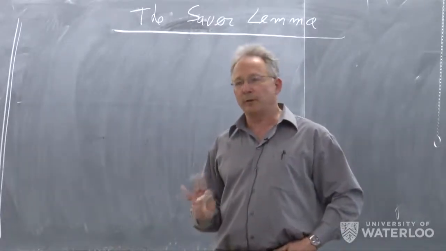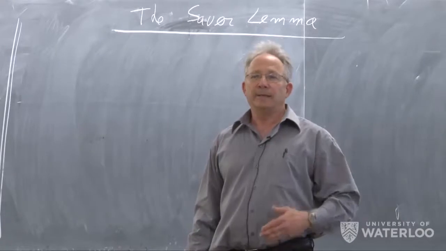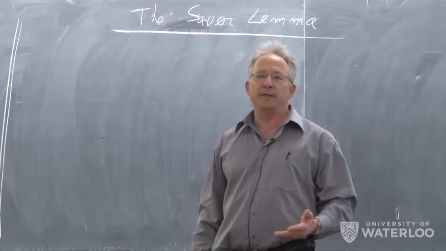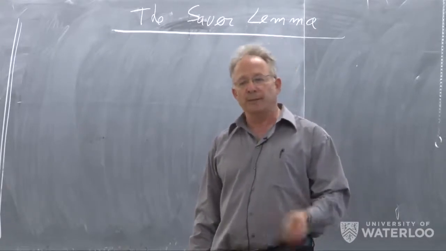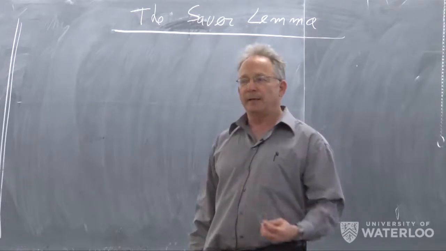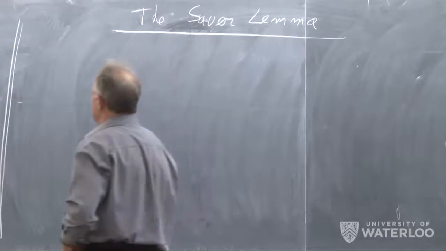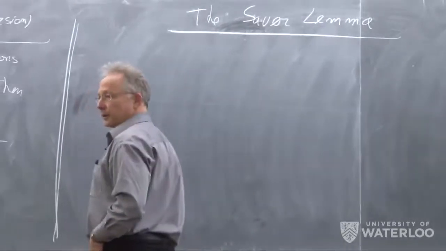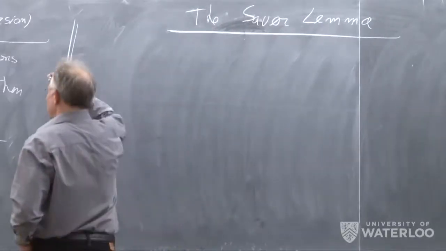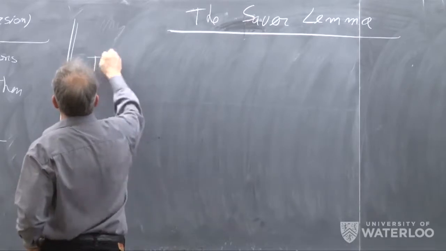But before I can talk about the Sauer lemma, it's like before I could define VC dimension, I needed to define shattering. Before I can talk about the Sauer lemma, I have to talk about some intermediate definition.